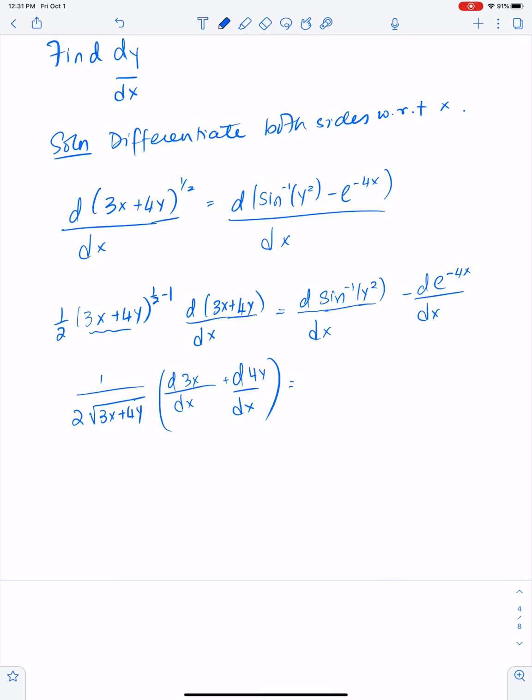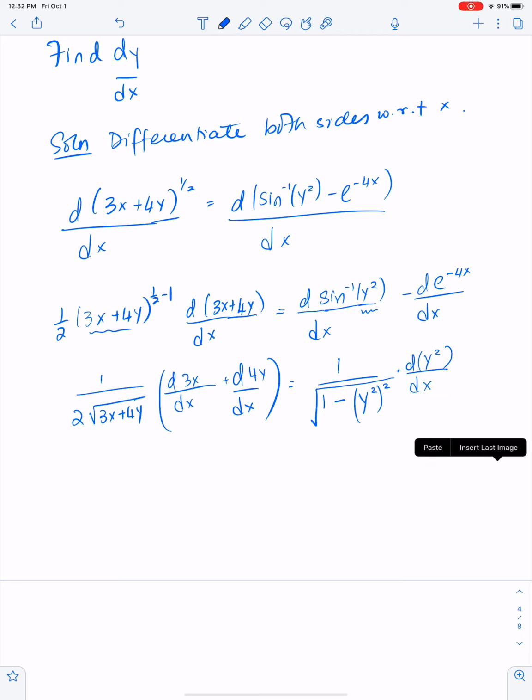Well, the outer function is sine inverse. Let's not worry about what's inside. So what do you have? It'll be 1 over the square root of 1 minus whatever you're taking the sine inverse of, squared, times the derivative of the inside, which is y squared.